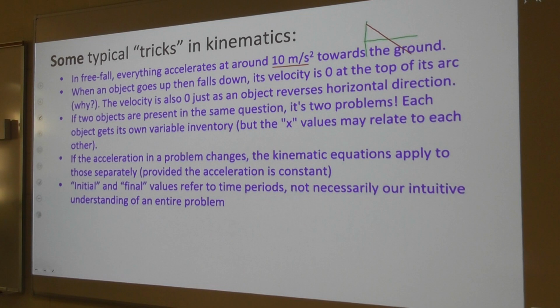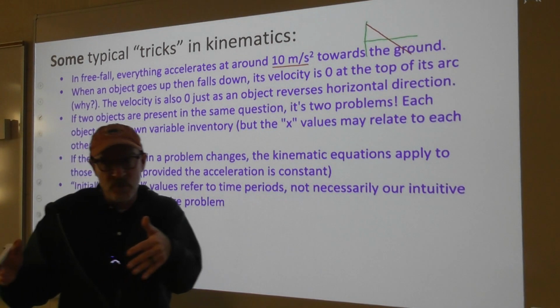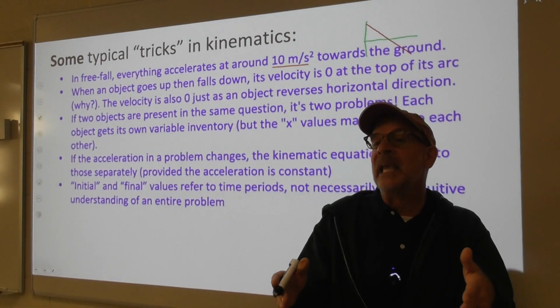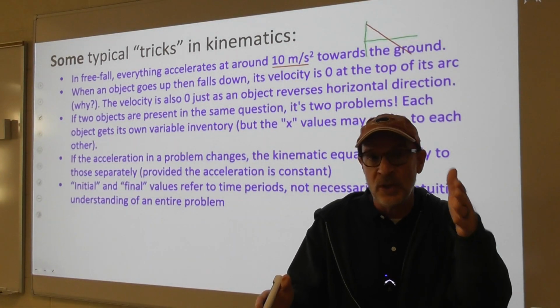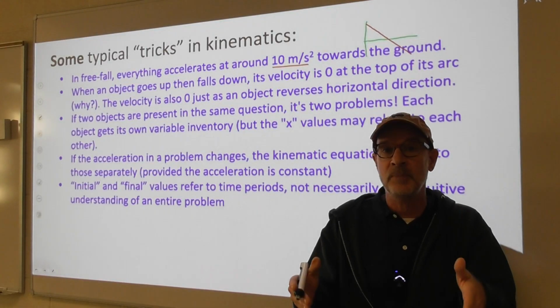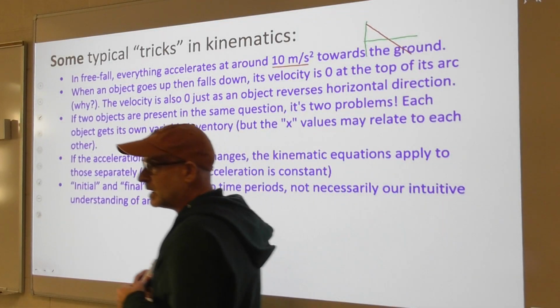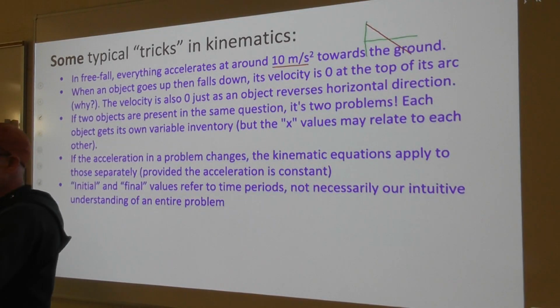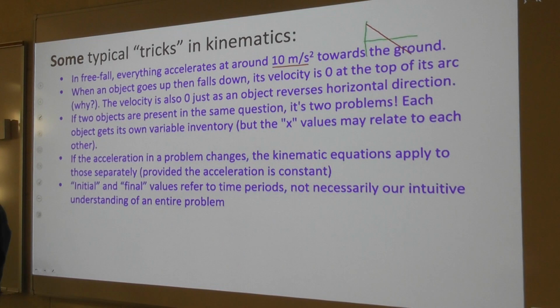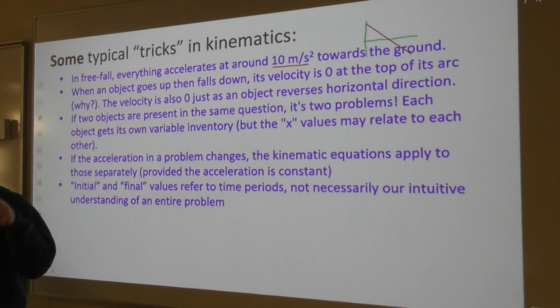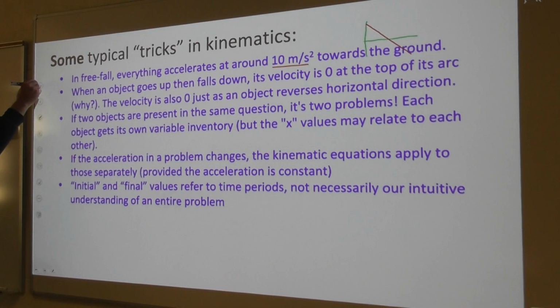So you might have one time period that you're thinking about over here with its own initial and final velocity, and then some time goes by and later on we're interested again. We have a different initial and final velocity for a different time period. Initial velocity is not something where there's just one. Initial velocity is relative to a specific object over a specific time period. So that'll take some getting used to.